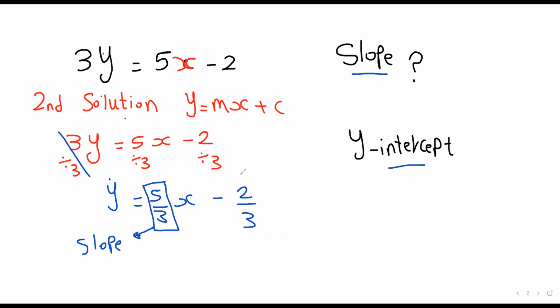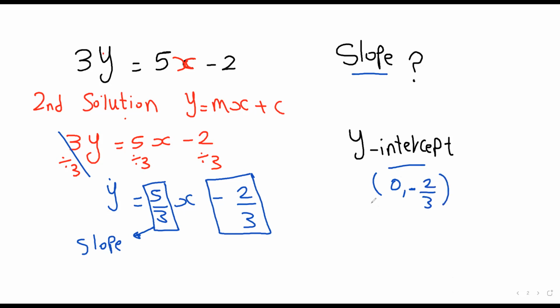And the y-intercept here is what? The y-intercept is the length from y, the length at which the line crosses the y-axis. The line passes through the point 0 and negative 2 over 3.